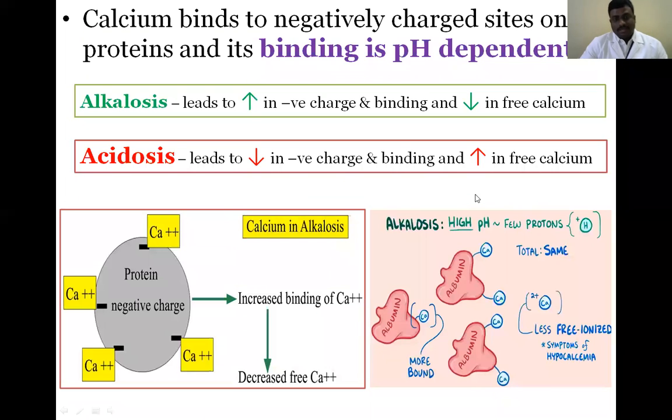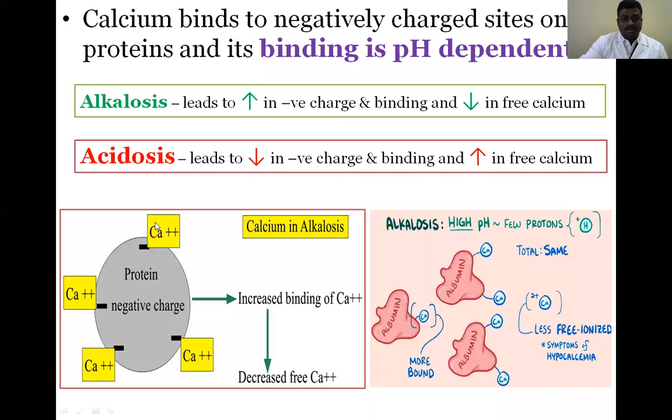How much calcium is bound with the protein mainly depends on pH, the hydrogen ion concentration. We know that proteins contain many amino acid sequences. The amino acid structure contains an amino group and a carboxyl group, with positive and negative charges.